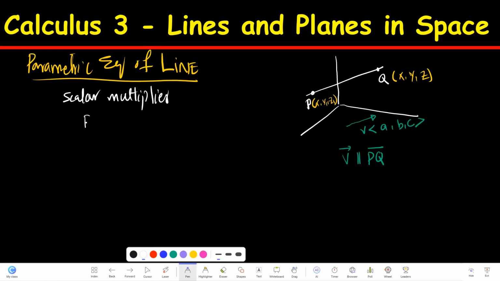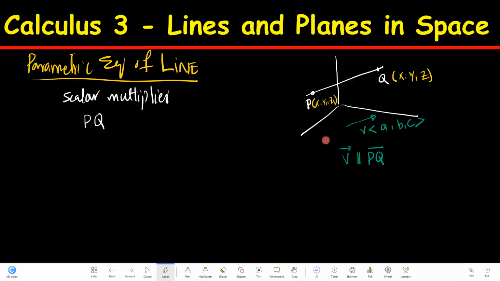I take line PQ, right? And I'm going to take this distance from here to there, maybe whatever, T, right? If this distance is T, I'm going to take this T multiplied by v. So I should be able to get this multiplier.